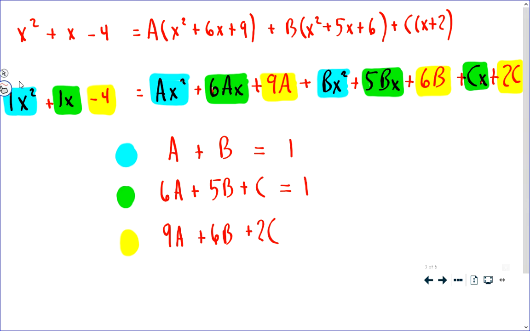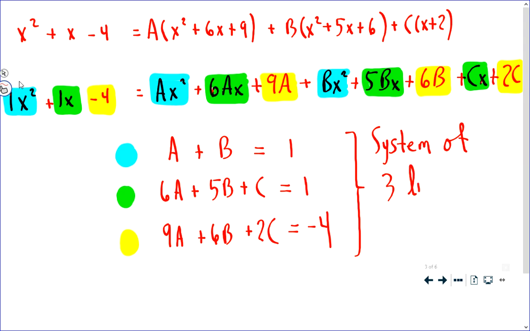And when we look at the left side, the constant is -4. Now, what we have done is we have created a system of 3 linear equations.